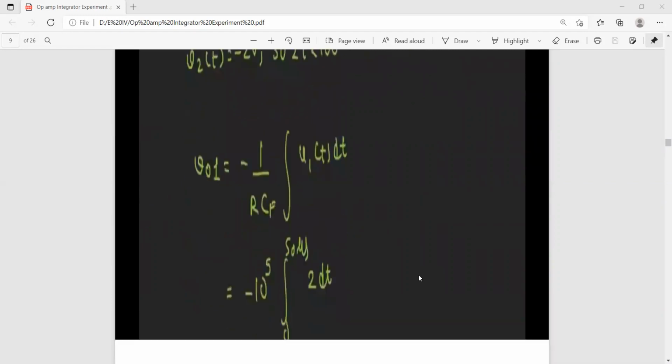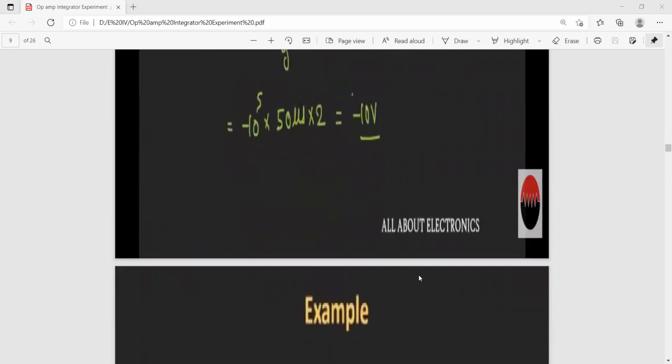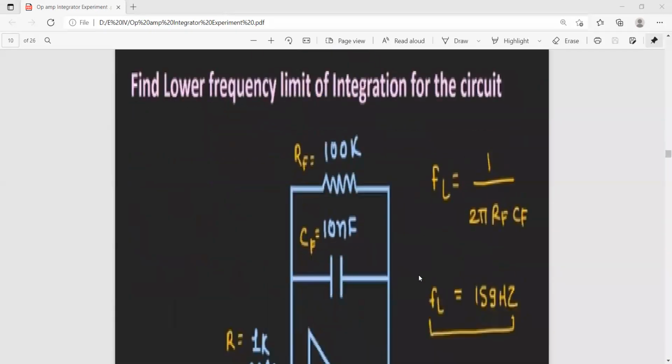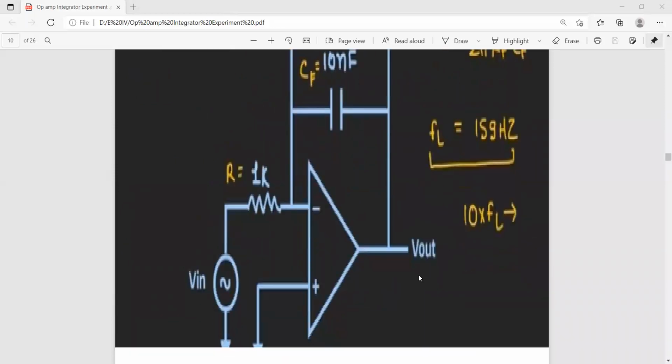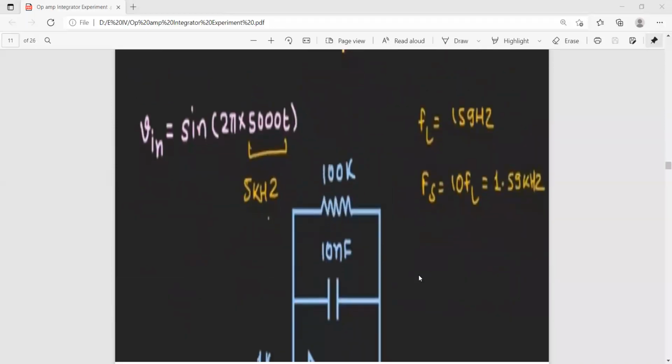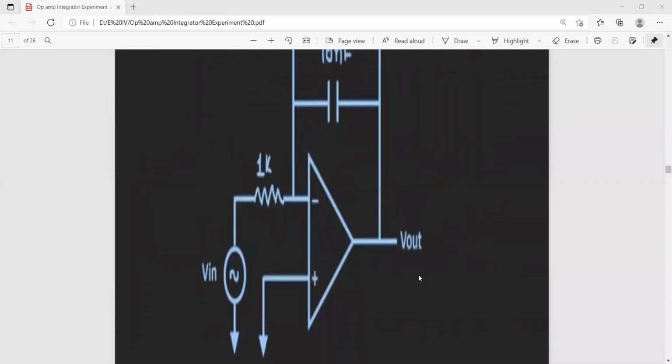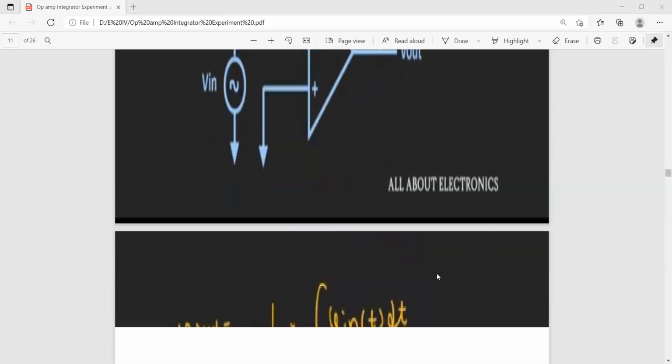Now that is for the sinusoidal case. In the same situation, if you are applying a square wave at the function generator input, what type of waveform are we going to get?